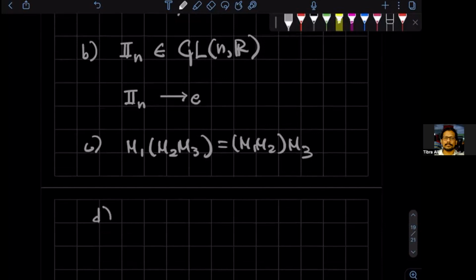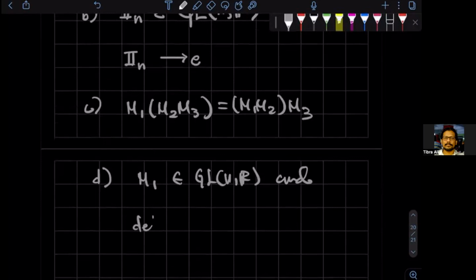And number four is that if M1 is in GLnR, and since the determinant of M1 is non-zero, that means that the inverse matrix exists, right? And it's unique.